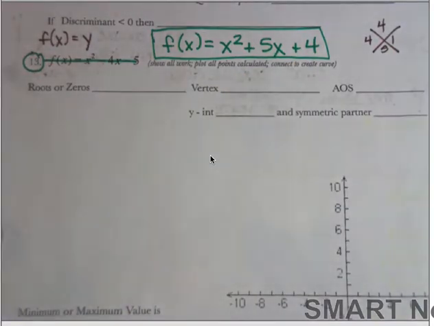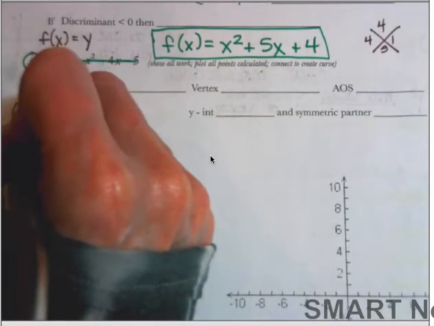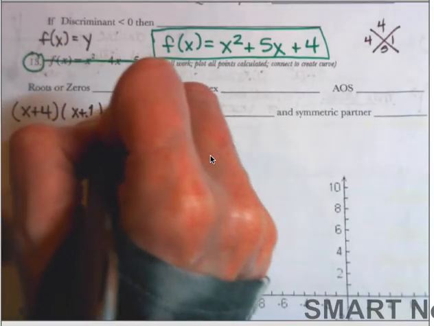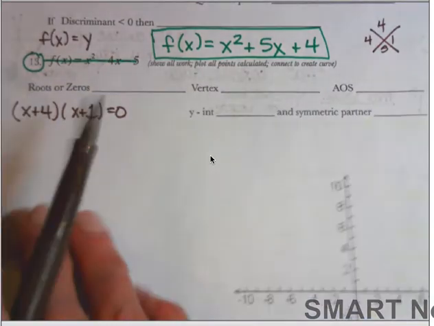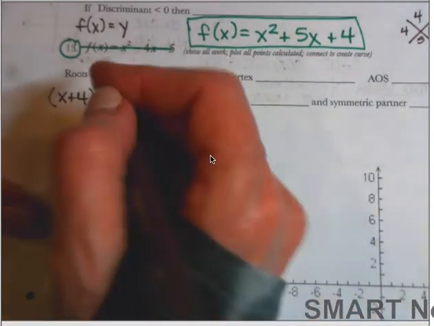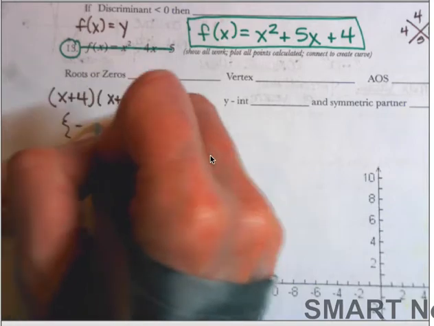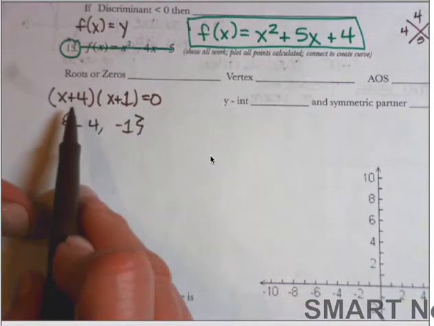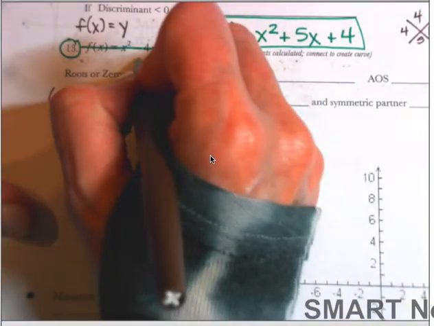So this factors as x plus 4 times x plus 1, and since I'm looking for the roots, I'll set this equal to 0. That means my two solutions are -4 and -1. So they serve as my roots or zeros, so that would be the correct response up here.